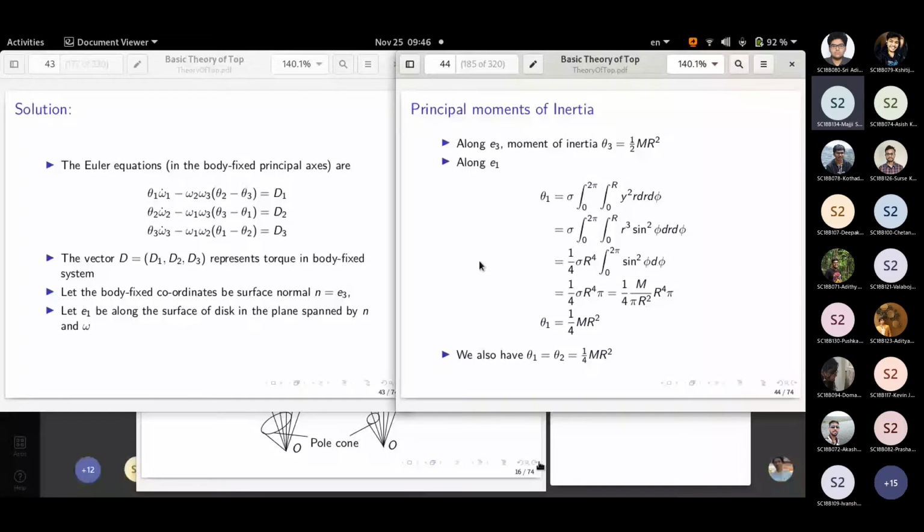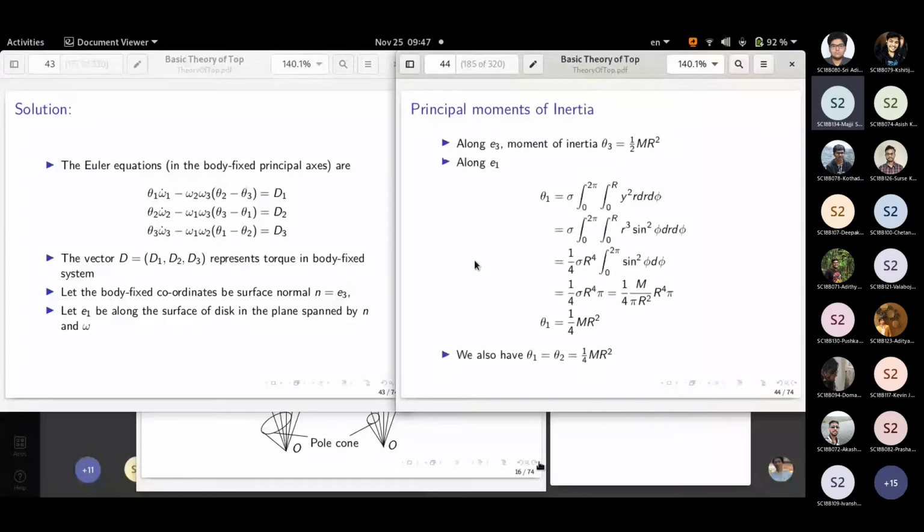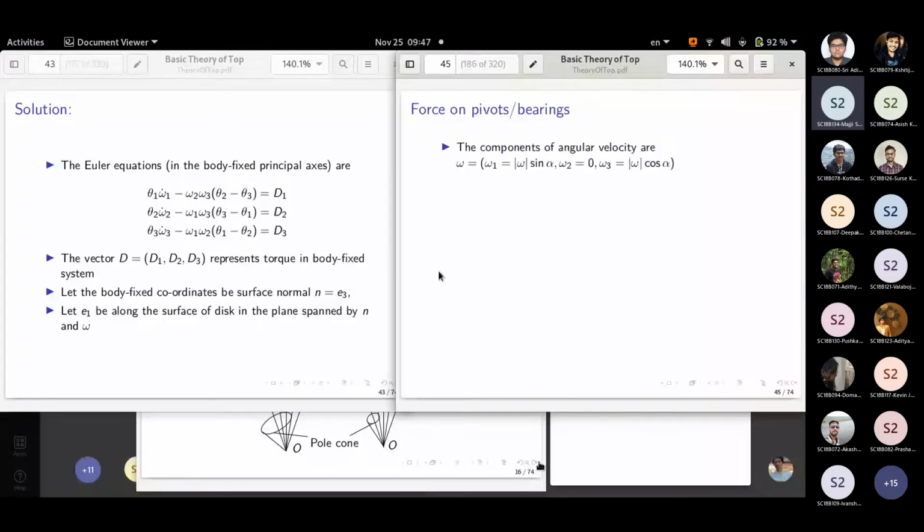You could also have used the flat disk theorem. You have heard of that theorem, no? There is a result if you have a very thin plate: if theta 1 and theta 2 are along the plane, then the orthogonal one is simply the sum of these two. You could have used it, but anyway, there are other mechanisms to compute also. So once you have all these moments of inertia, let us now see what is happening to the angular velocity.